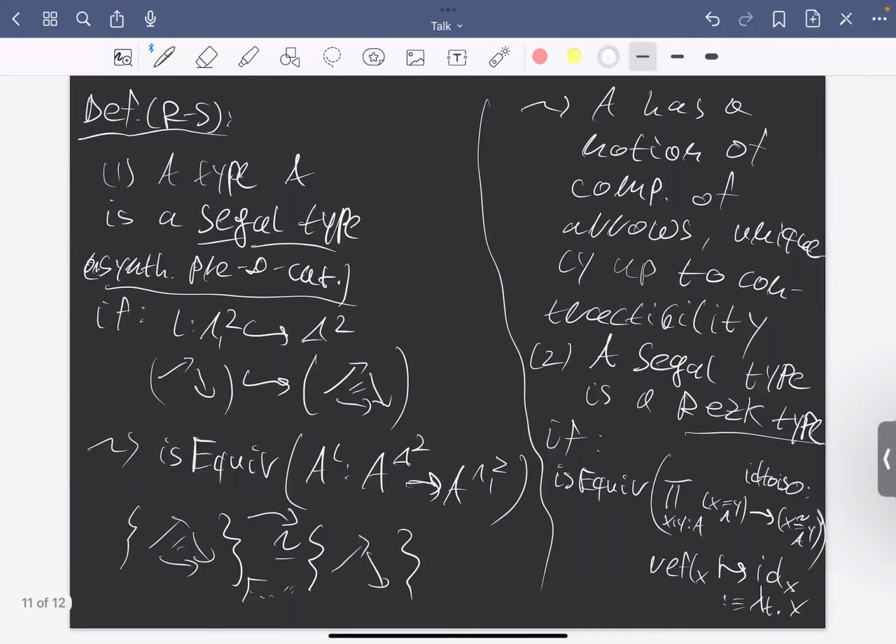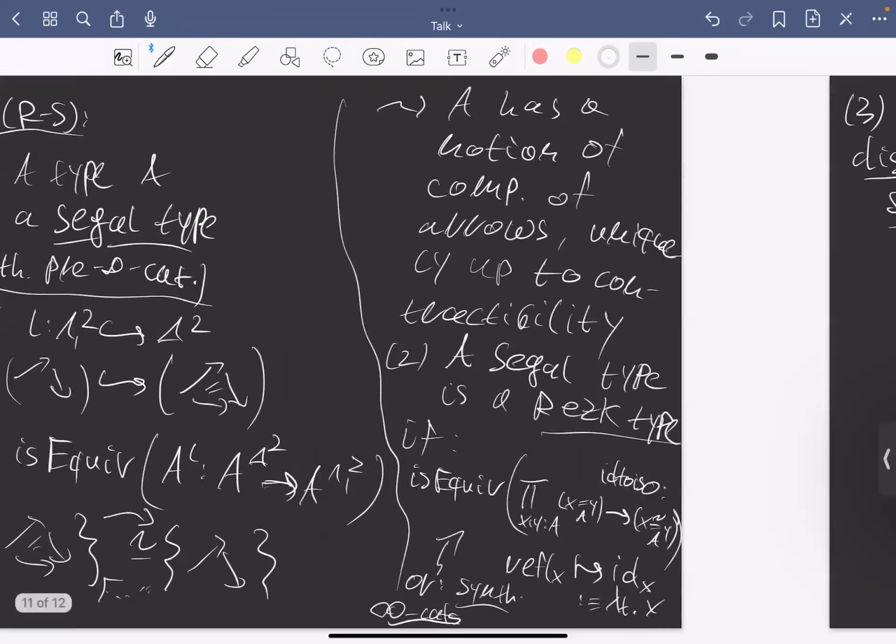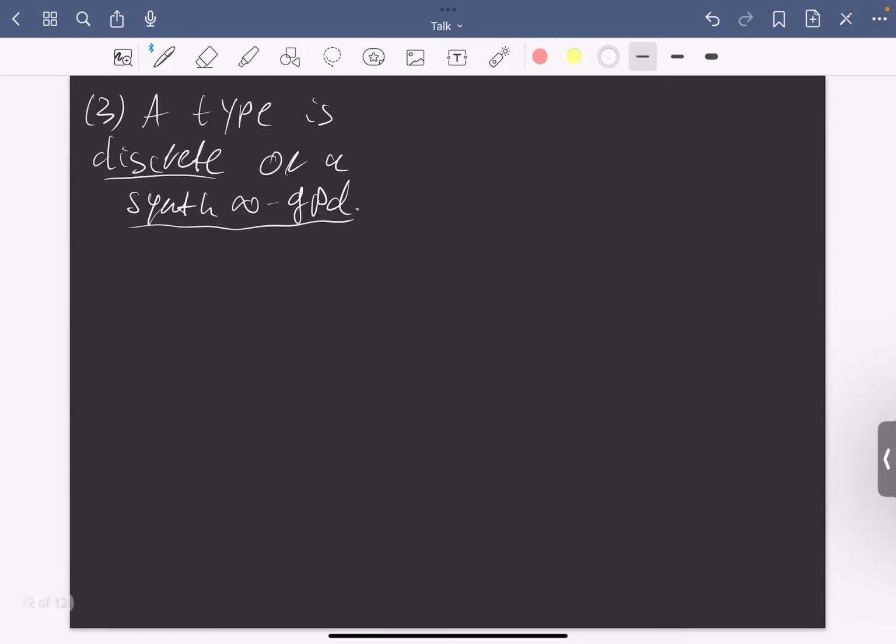I defined what a Rezk type is, and these are exactly the synthetic infinity categories. And then a type is discrete, or a synthetic infinity groupoid, if the following map is a weak equivalence.